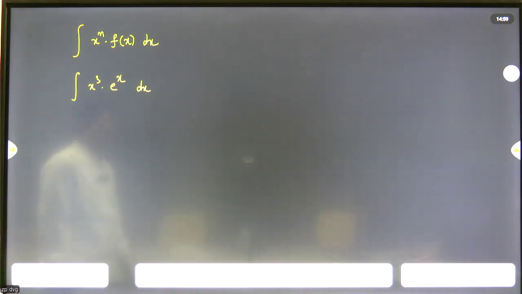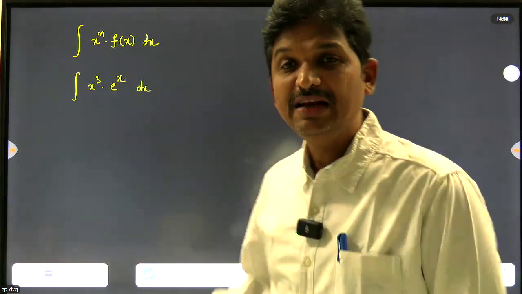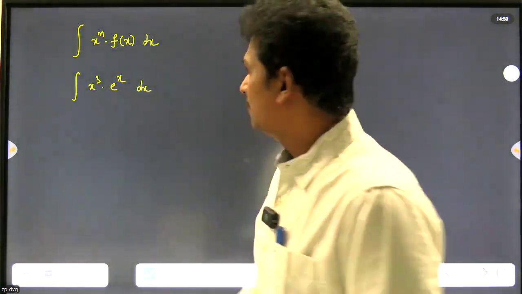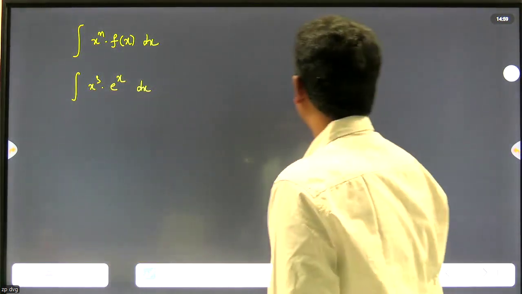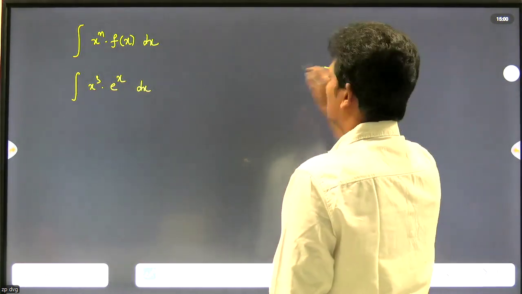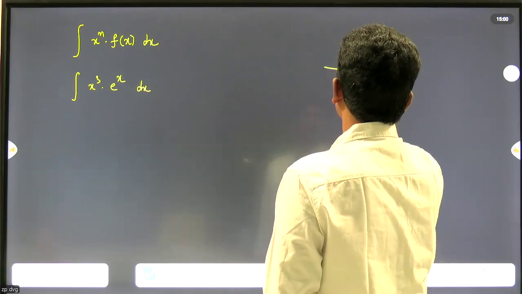If you do this problem in the direct method, it is lengthy, it takes time, right? And first point is, this is of this form, so we can use the shortcut. What is the shortcut? Two functions are given to you. What are those? x cube, and another one is e power x.